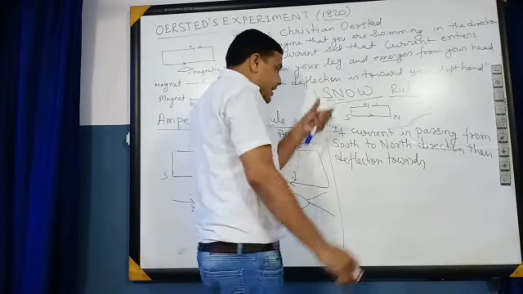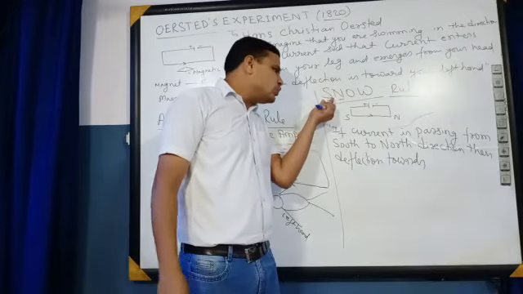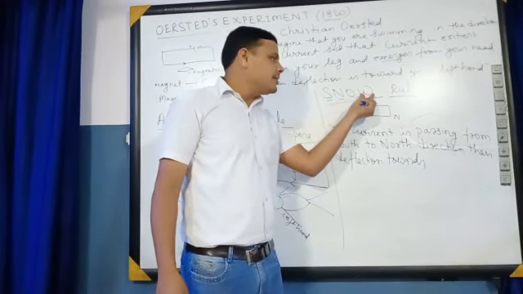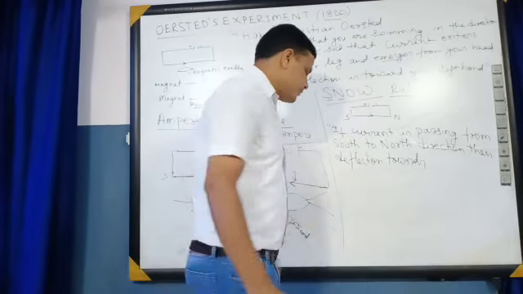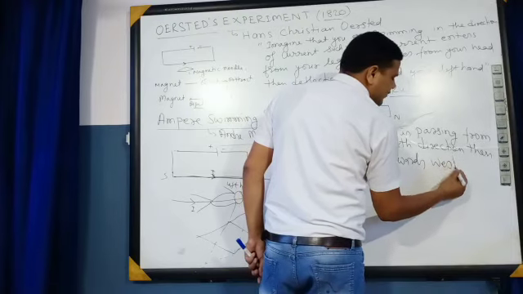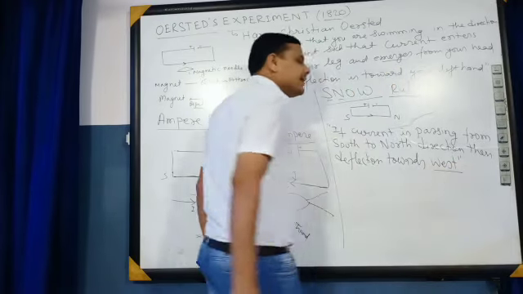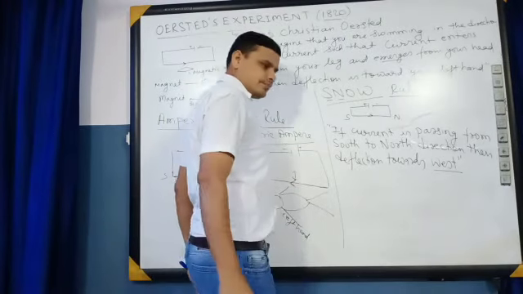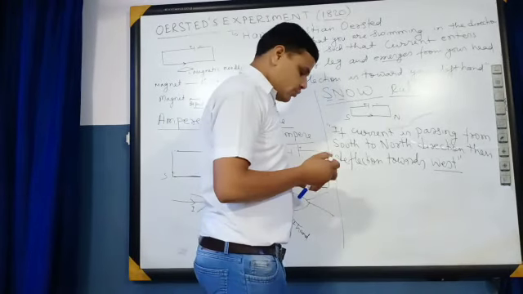If a current is passing from south to north, then the deflection of the magnetic needle is toward west. Deflection towards west. Which deflection? Deflection of the magnetic needle. This is known as the SNOW rule.